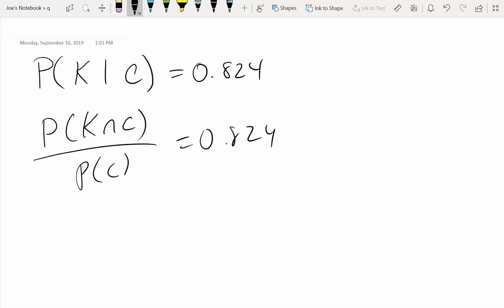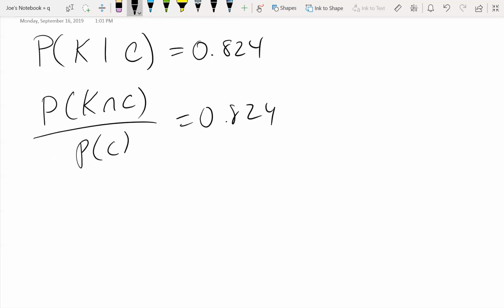All right. So on the top, we know that we can basically reverse the conditional as: probability they know the answer, times the probability that they answer correctly given that they know the answer.